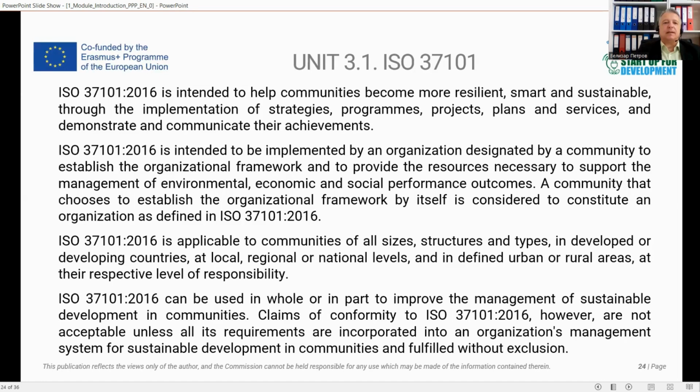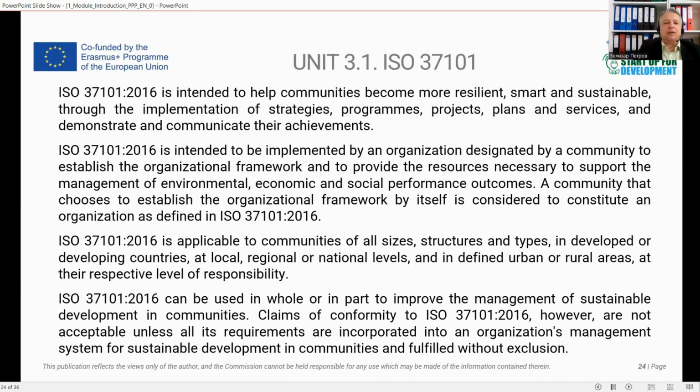It is intended to be implemented by an organization designated by a community to establish the organizational framework and to provide the resources necessary to support the management of environmental, economic, and social performance outcomes. A community that chooses to establish the organizational framework by itself is considered to constitute an organization as defined in this standard.